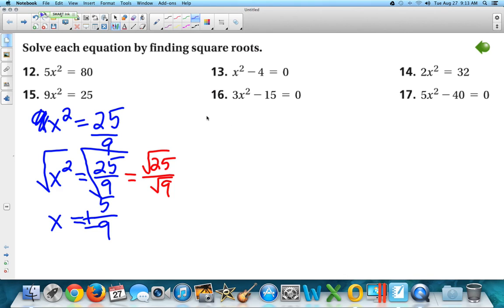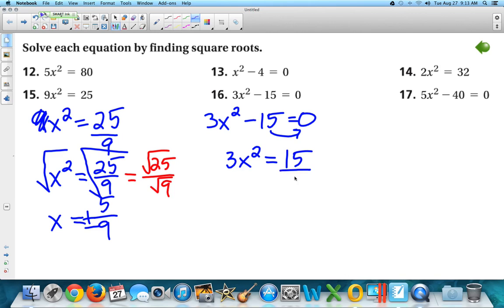Next example, 16. I have 3x squared minus 15 equals 0. I'm going to move the 15 over by adding it. So I get 3x squared equals 15.